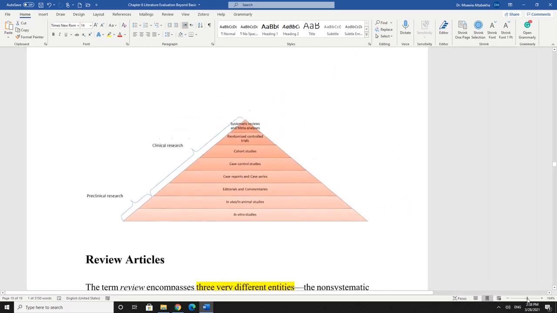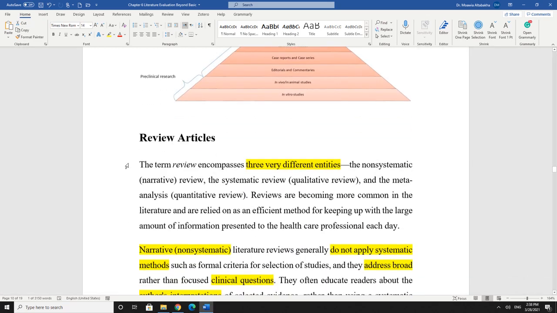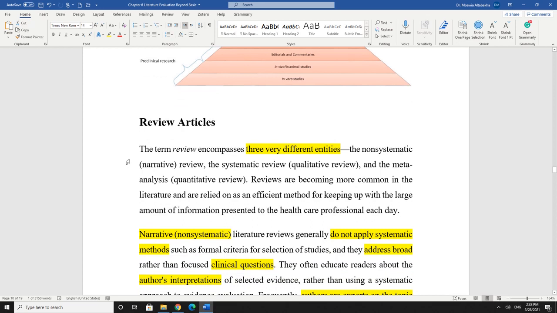So let's talk a little bit about review articles. There are three types of review articles. Okay? One is non-systematic, and we call it narrative reviews. Narrative means it tells us a story about a certain topic.